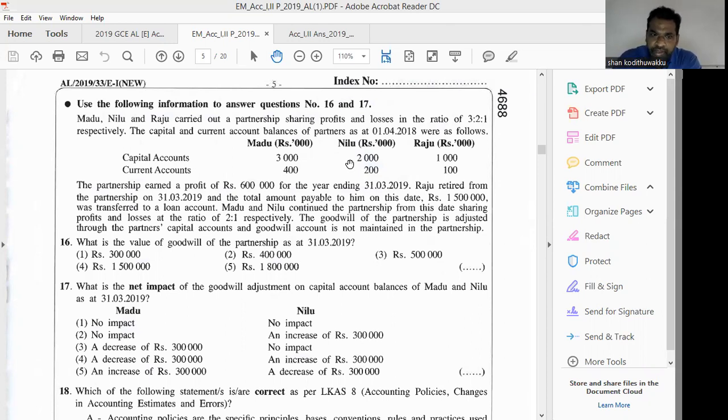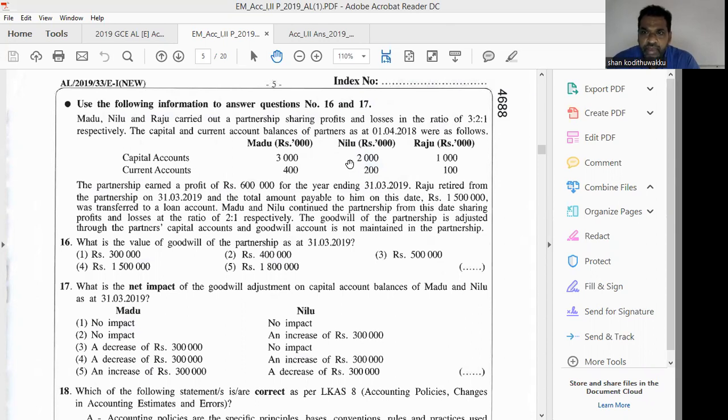Therefore, if you are asked to adjust goodwill through the partners' capital accounts, what we have to do is credit all partners' capital accounts according to their old profit share ratio, and debit the continuing partners' capital accounts depending on their new profit sharing ratio.